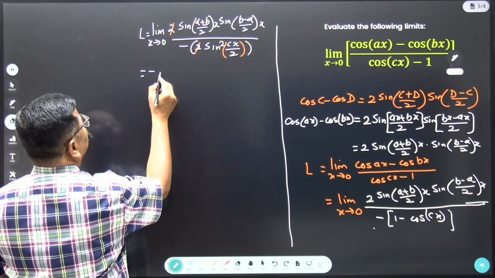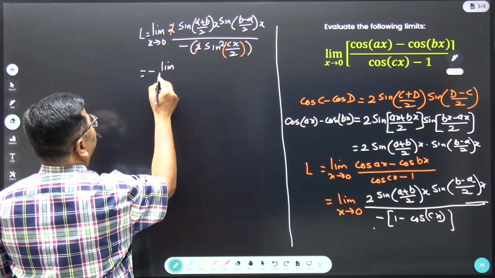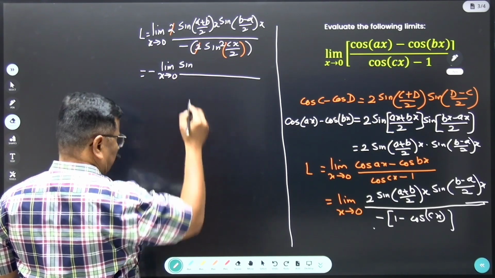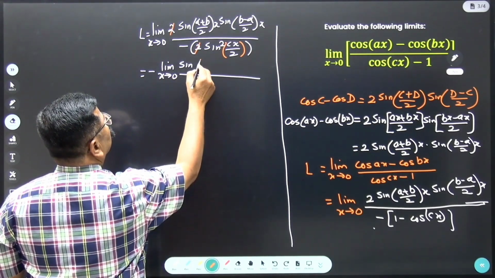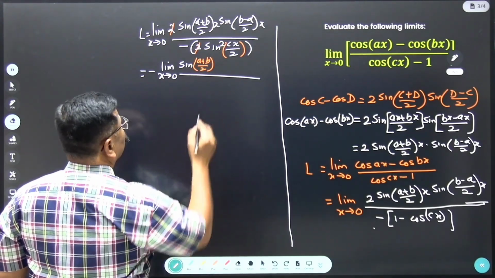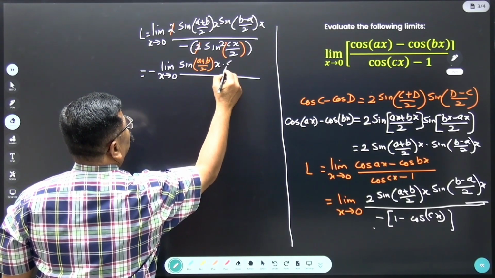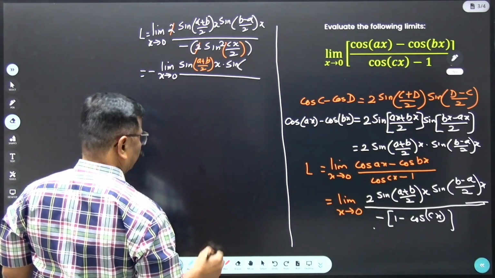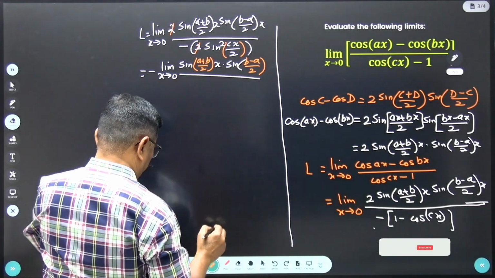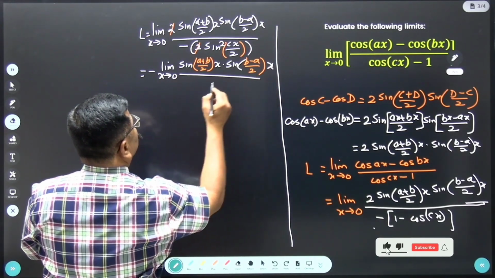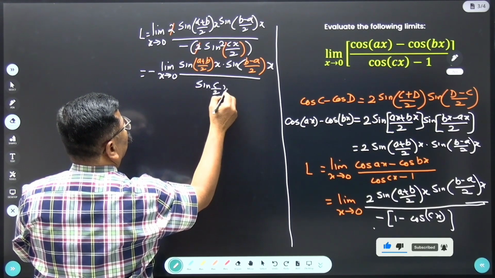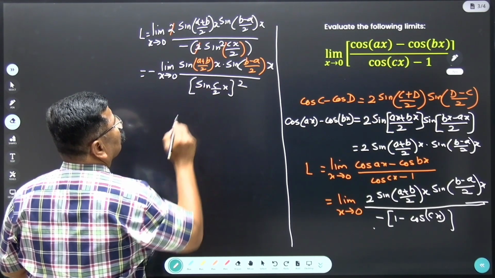So this will be minus limit x tends to 0, sin((a plus b)/2 into x) into sin((b minus a)/2 into x) divided by sin(c/2 x) the whole square.